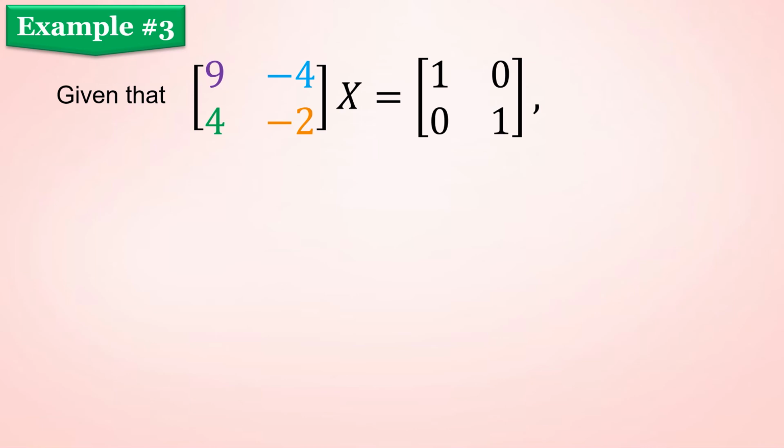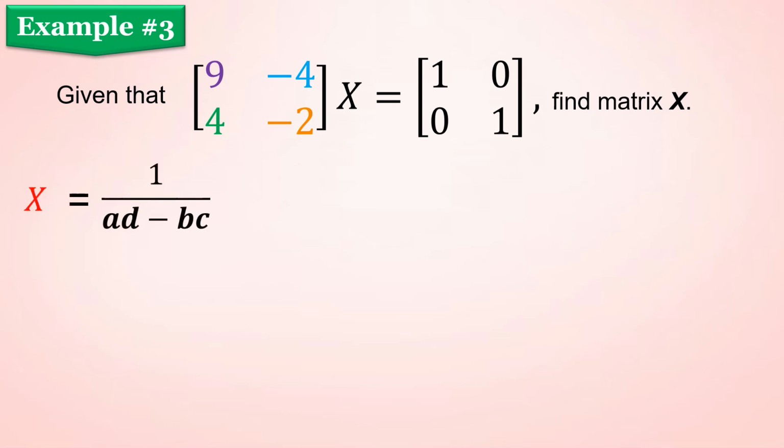So therefore, to find matrix X, we are going to use the formula in finding the inverse matrix, because we all know that if a certain matrix is multiplied by its inverse matrix, it is equal to its identity matrix. So X is equal to 1 over AD minus BC times D, negative B, negative C, A, the formula for finding the inverse matrix.